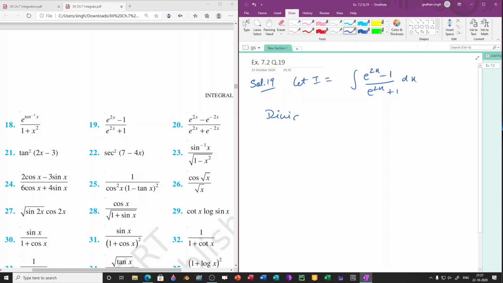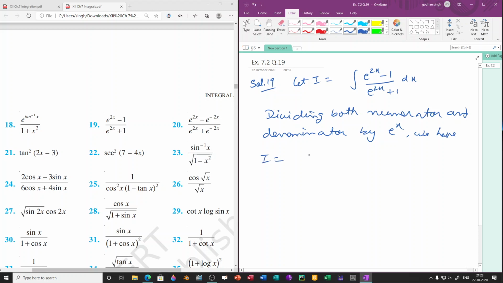So writing that step, dividing both numerator and denominator by e^x, we have I equal to, so this will become e^(2x) over e^x minus 1 over e^x, whole divided by e^(2x) over e^x plus 1 over e^x, and this is dx.